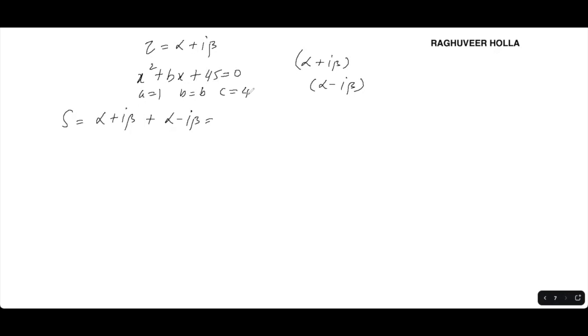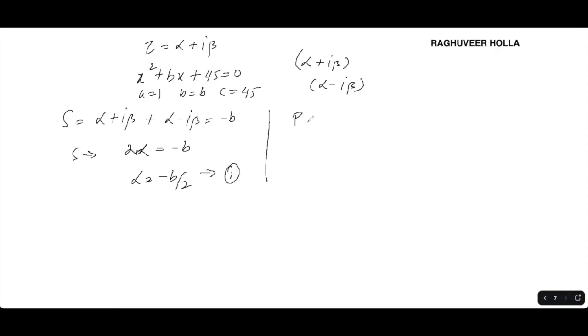And c is 45. So minus b by a is minus b by a, which is 1. Okay. So sum you get as 2 alpha, 2 alpha is equal to minus b, okay, or alpha is equal to minus b by 2. You got this result. Keep this result.